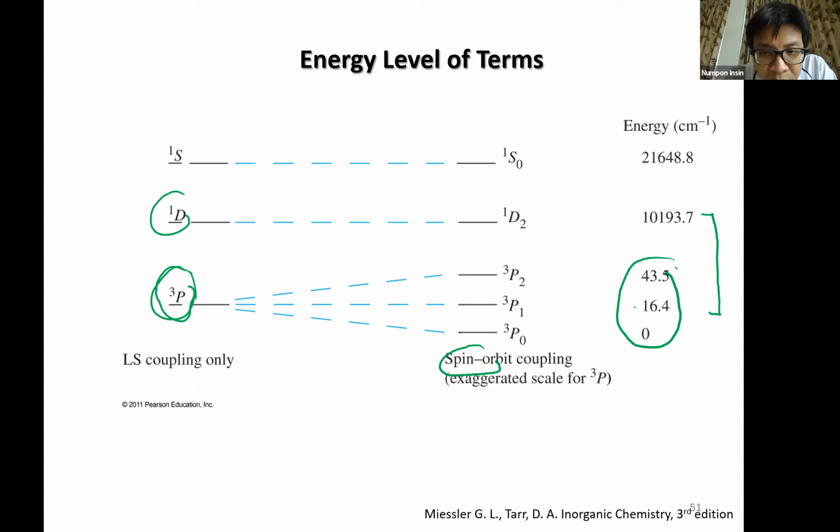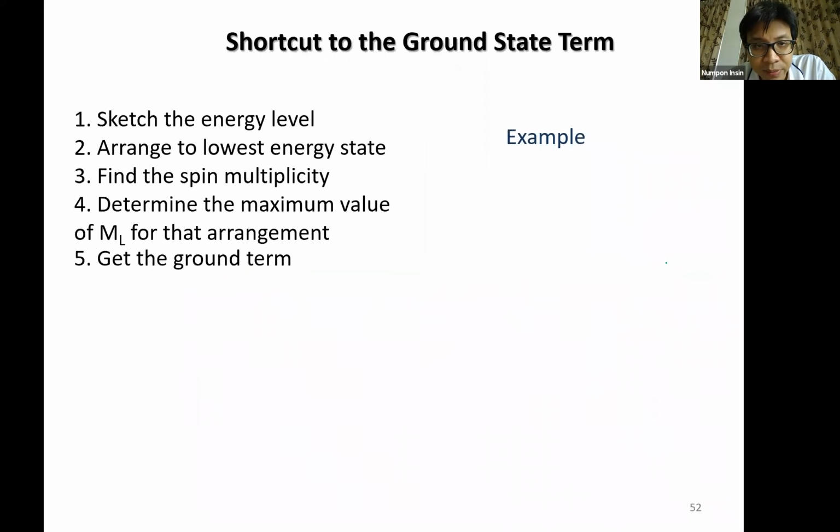But when you split by the J, you can see that they are not much different among them. So sometimes it's not significant enough to care unless you want detailed calculation. You can see these values are close to 0, right? So sometimes the J coupling is not much considered.